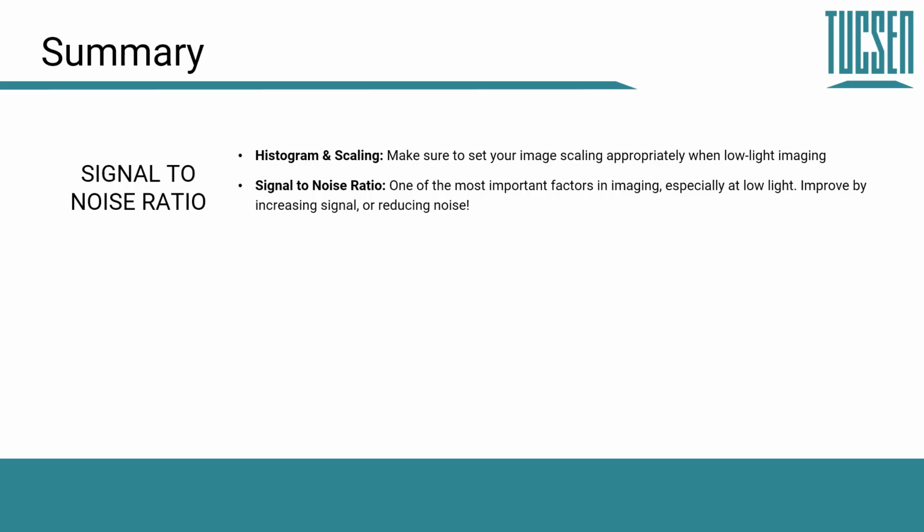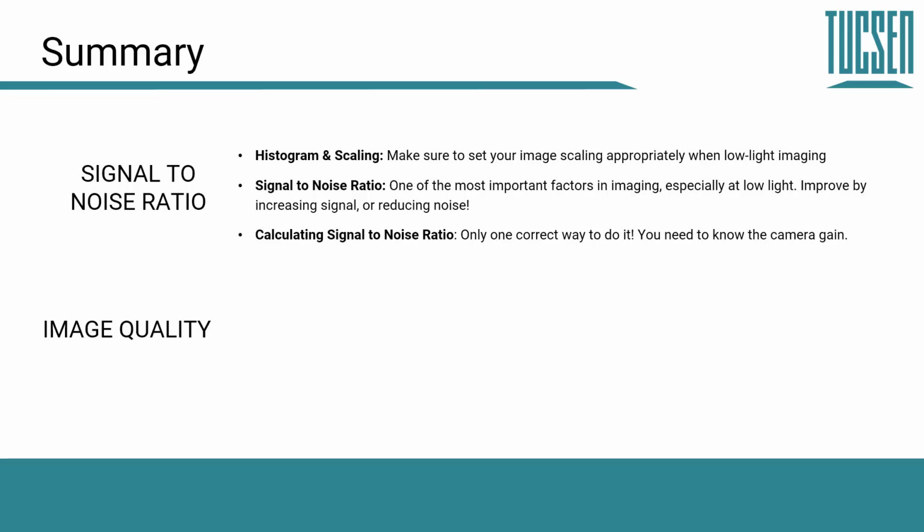Our signal-to-noise ratio is one of the most important factors in imaging, especially at low light, where it might be the primary barrier to our image quality, and we can improve it either by increasing the signal or by reducing noise. And we can calculate the signal-to-noise ratio. There's only one correct way to do it, and you do need to know some properties of the camera, such as the gain and the offset and those noise characteristics.